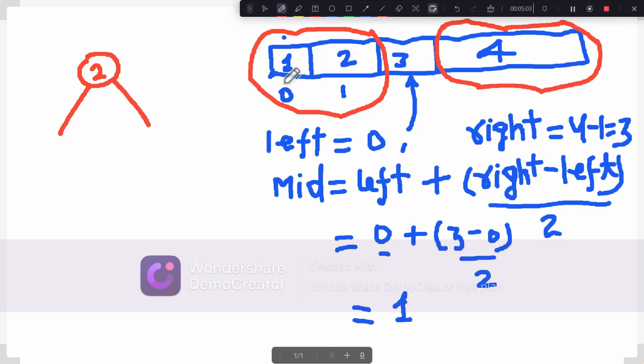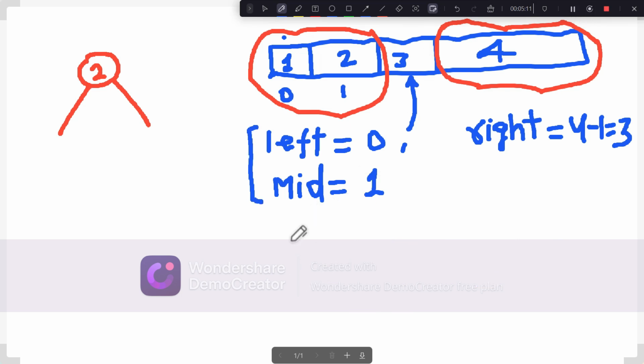So if we call this function util, then we will come here. On the left side, our left would still be 0. In this portion I am talking about, left would still be 0, and its right would be mid minus 1.